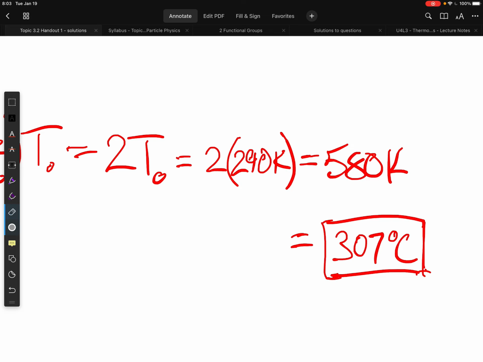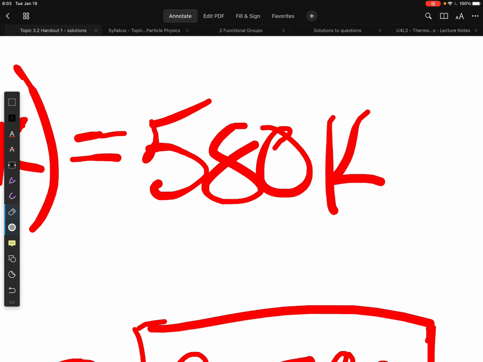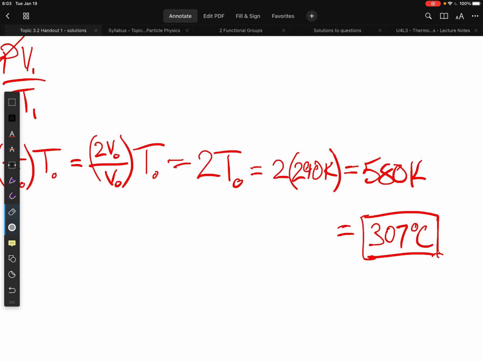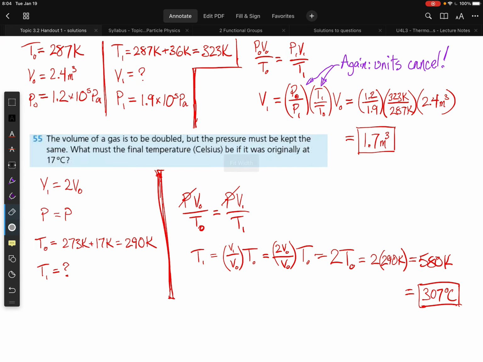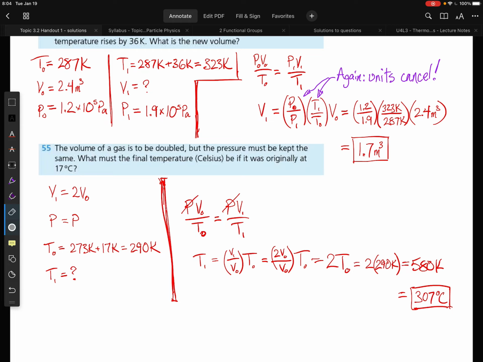And so you would definitely predict that examiners would put 580 degrees Celsius on a test question because they're extremely mean and they're trying to trip you up and making sure that you are indeed reading questions carefully.